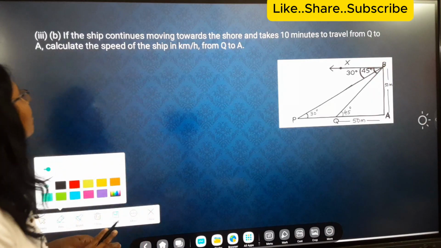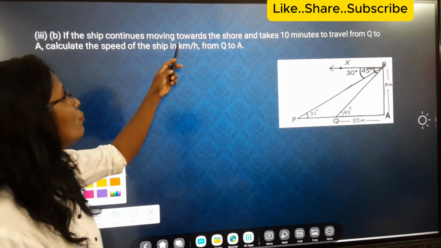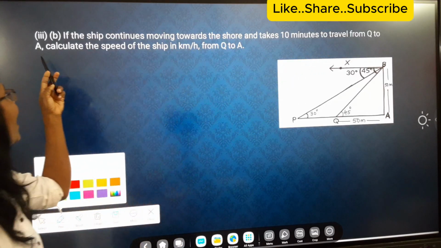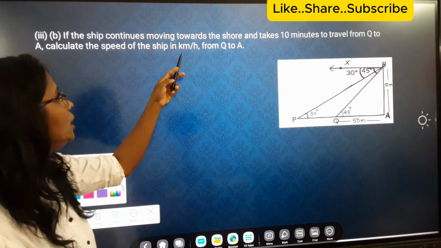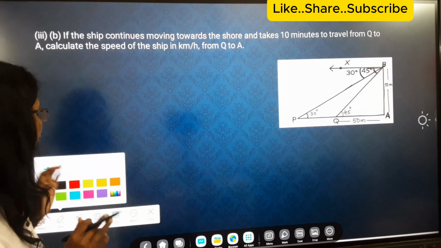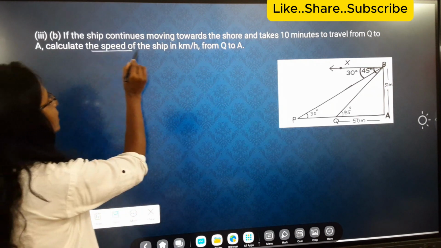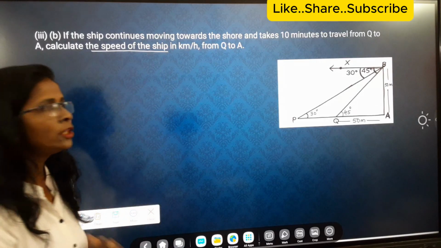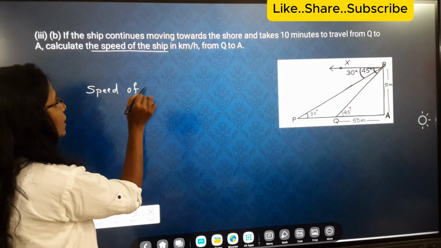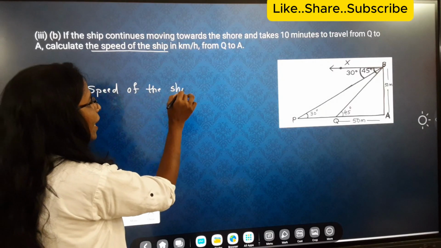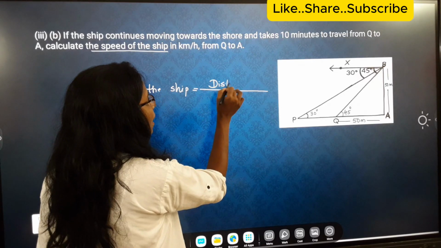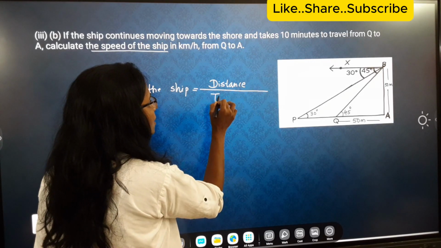Well student, next example. If the ship continues moving towards the shore and takes 10 minutes to travel from Q to A, calculate the speed of the ship in km per hour from Q to A. Okay students, we have to calculate the speed of the ship. And here we know the formula for the speed: speed is equal to distance upon time.